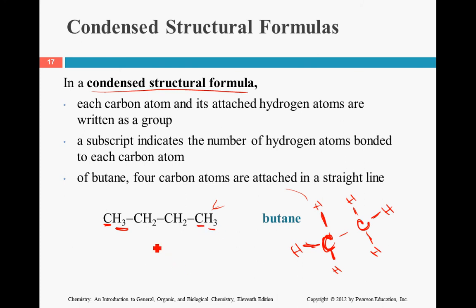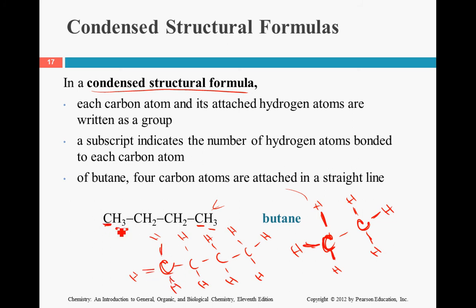Carbon with 3. If this particular one is butane, we have all these hydrogens bonded to it in the expanded formula. Notice how long it takes to write that. That's why we have this condensed formula. Here's the first carbon with 3 hydrogens bonded to it.